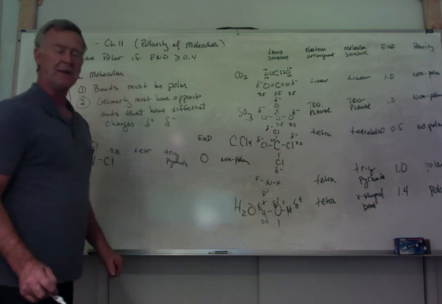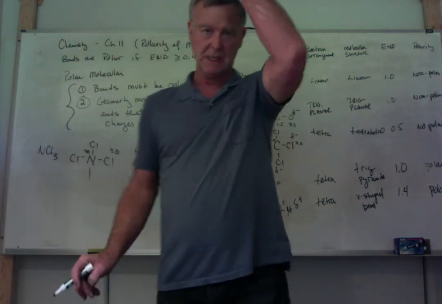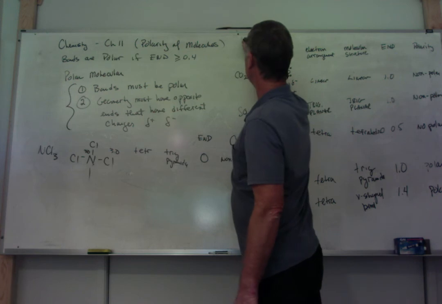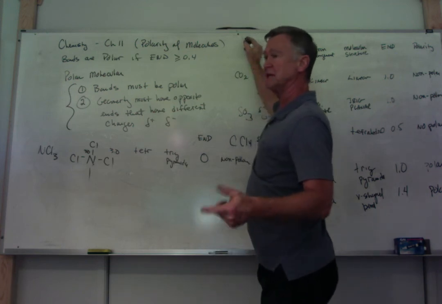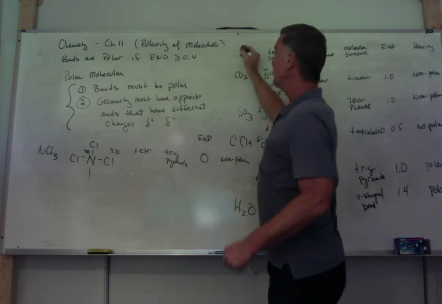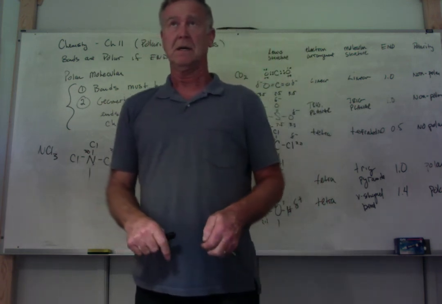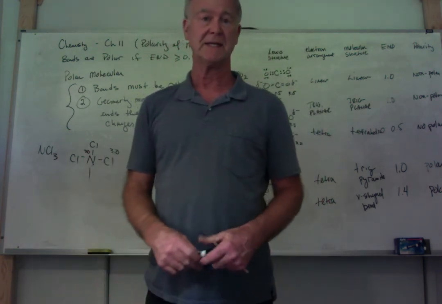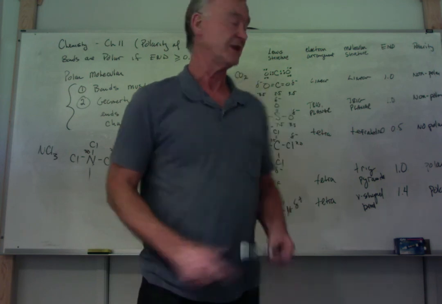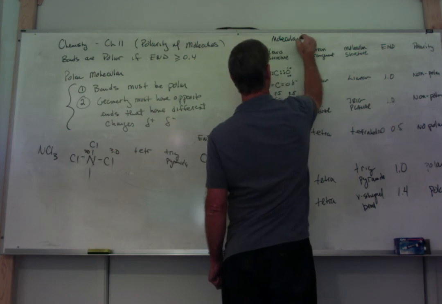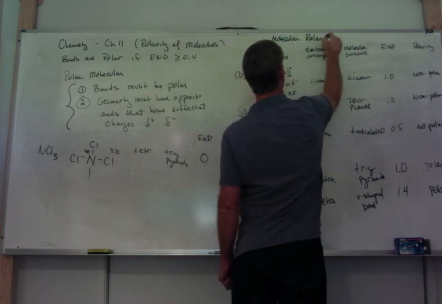Okay. I have a handout for you, and it's a page. It'll be a document that's linked, and it will be molecular polarity handout or something like that. You'll see it. Well, let's just mark it down. It'll be molecular polarity handout.